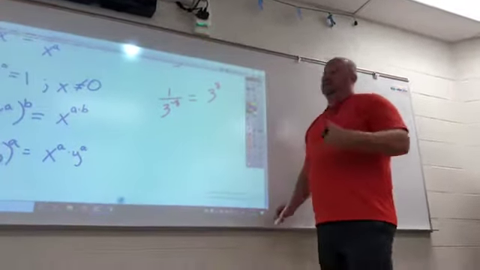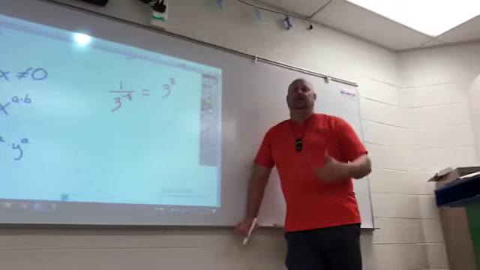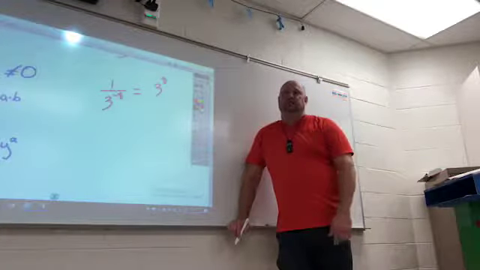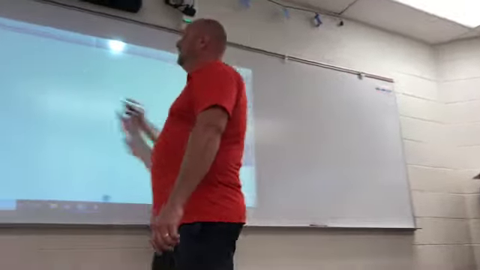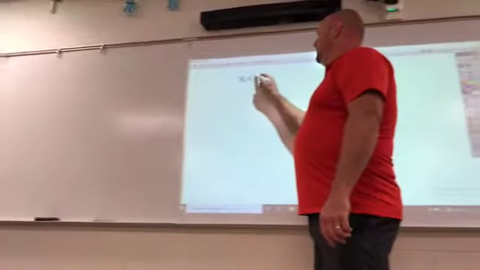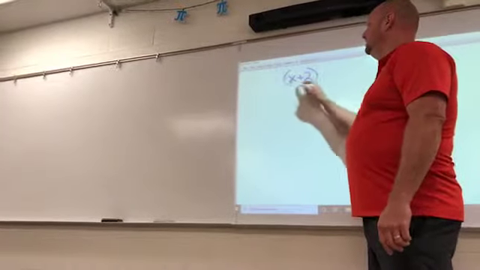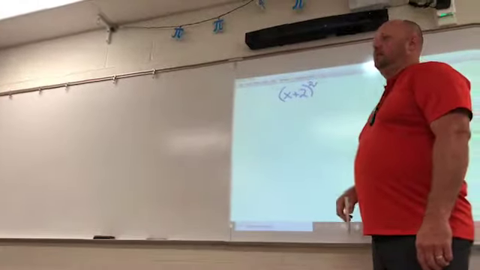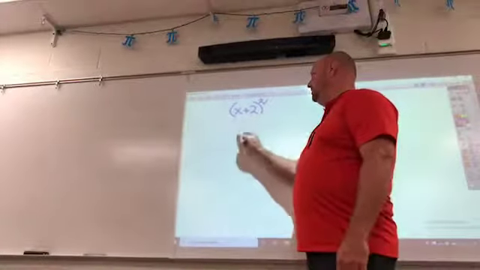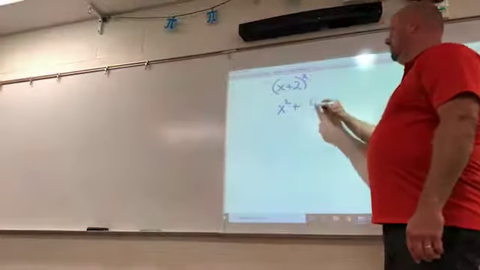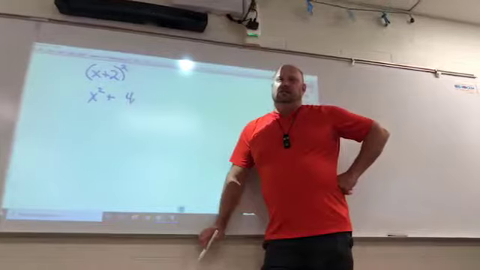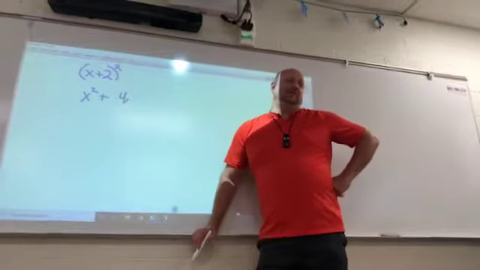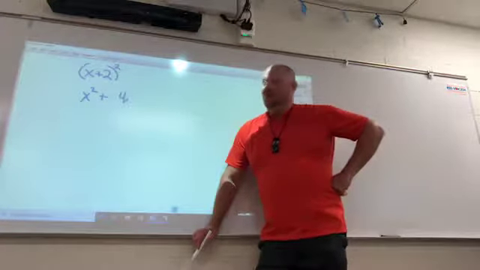Now, does that rule work if it's addition and subtraction on the inside? Here's what I mean. If you have x plus 2, and that's raised to a power, does that equal x squared plus 2 squared? That's a mistake that people make, that I say, if you do that, you just killed a puppy.